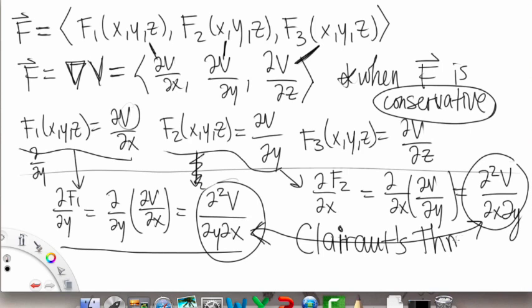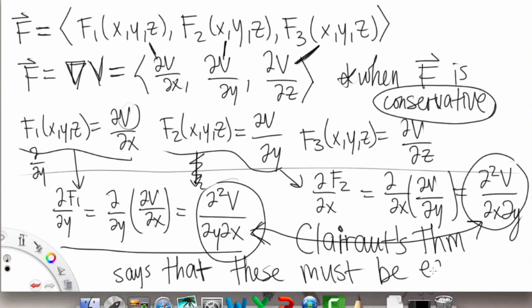Clairaut's theorem says that the second derivatives, or the cross partials, have to be equal. So basically, these things must be equal, if you have the same potential function.